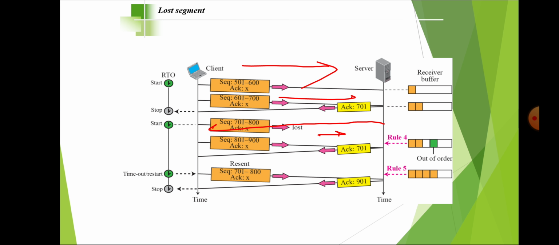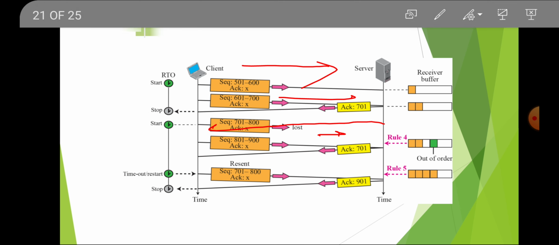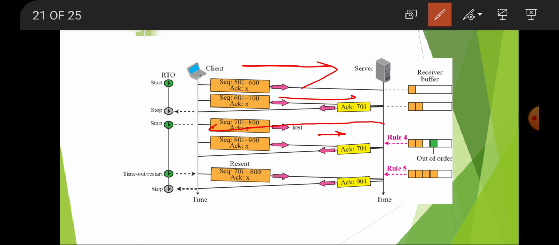So what rule 4 says: suppose the next packet is received, but the acknowledgement is not received. So what does it do? It sends the next packet again. Suppose acknowledgement 701 is received here, and the sender sends 701 to 800, but that data is lost in between.